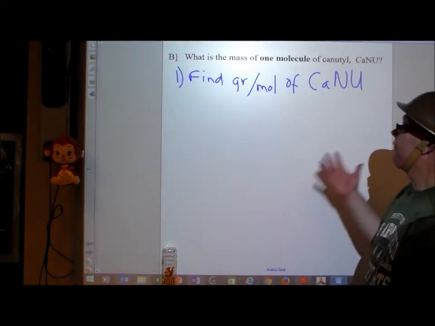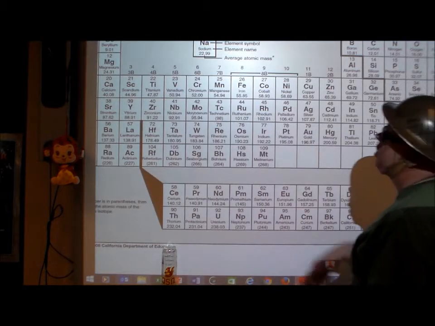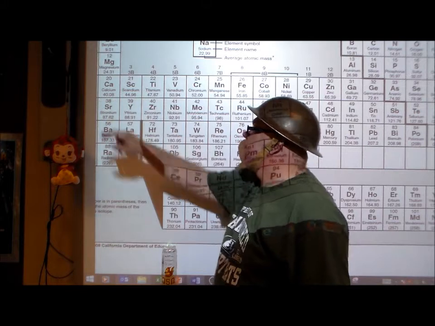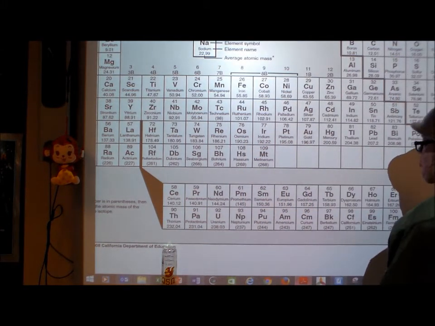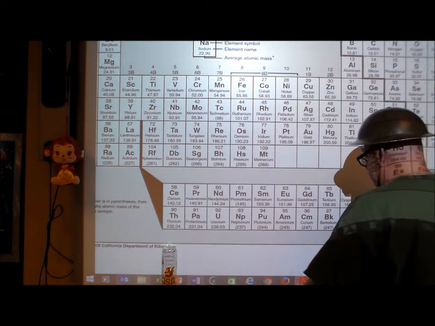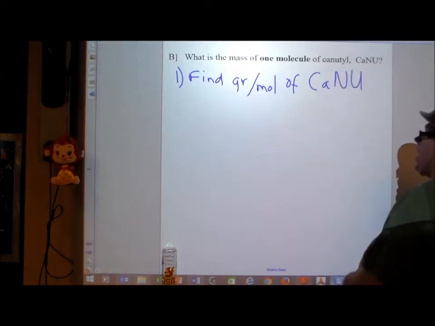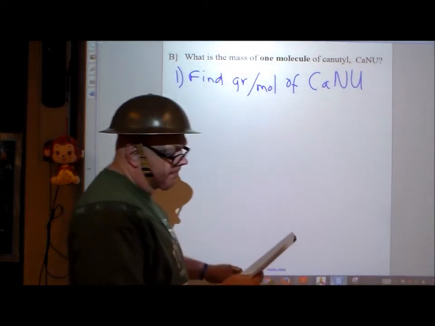So how do I go about finding the grams per mole? Well, again, I'm going to go to my periodic chart. I have calcium 40.08, nitrogen 14.01, and uranium at 238.03. So we can add those up, which I already did here.